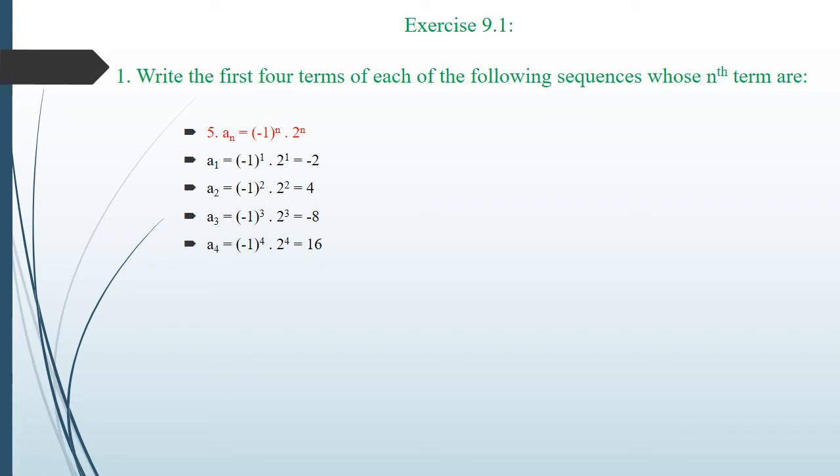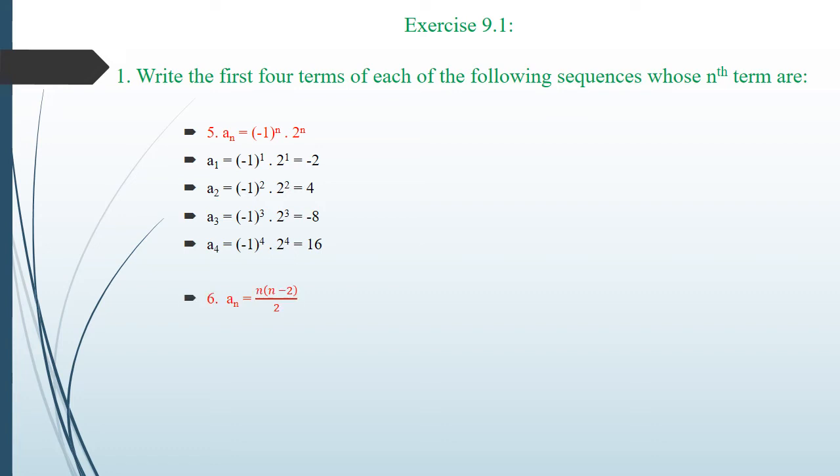Therefore these are the first 4 terms of the given sequence, which is represented by an is equal to minus 1 to the power n into 2 to the power n. Again you can see here, this sequence is not going to form an arithmetic progression. That you can verify by calculating a2 minus a1 and a3 minus a2 and comparing the common difference.